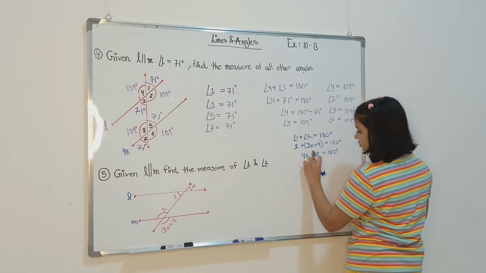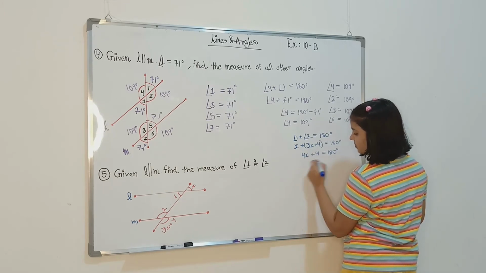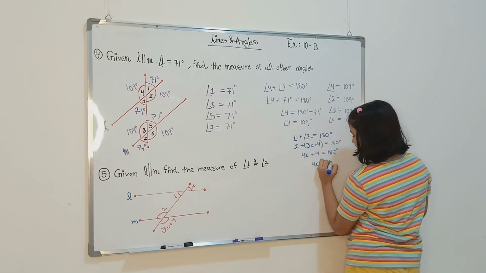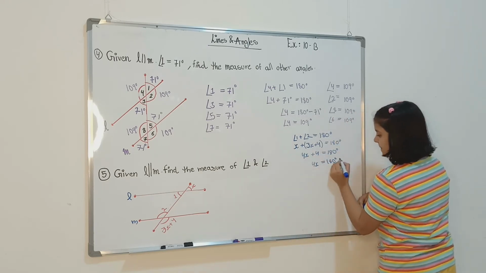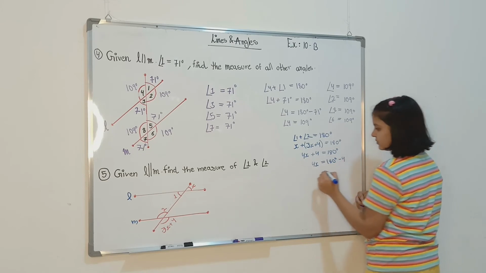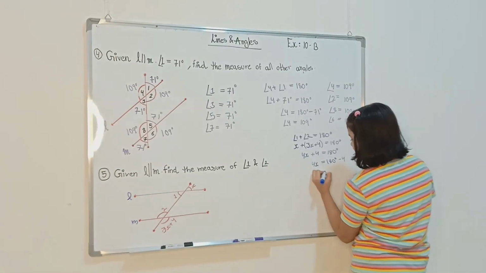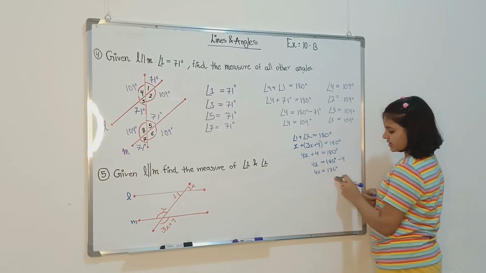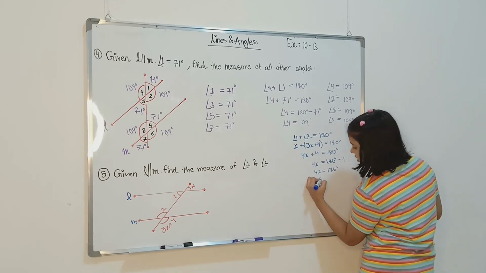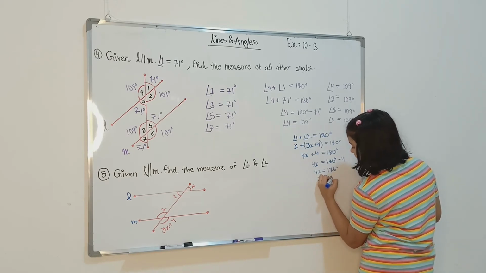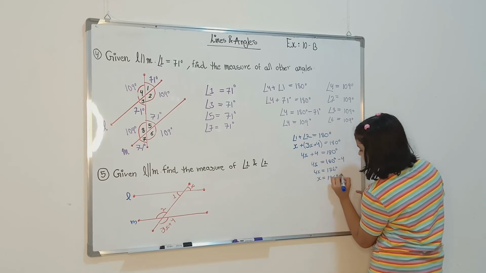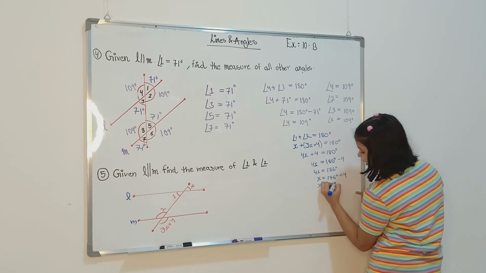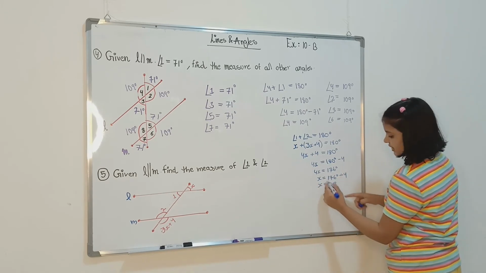Next we'll subtract 4, so 4x is equal to 180 degree minus 4. So 4x is equal to 176 degree. So x is equal to 176 degree divided by 4. So our x will be 44 degree.